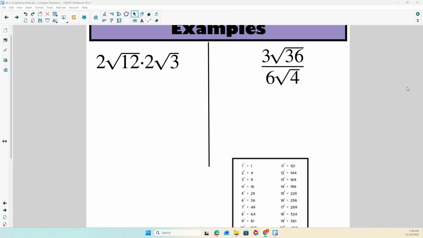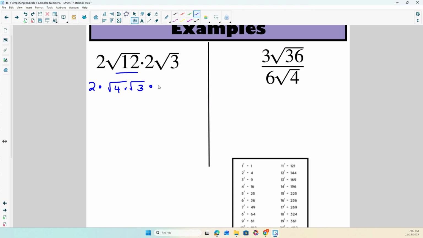All right, so in this example right here, we have 2 times the square root of 12 times 2 times the square root of 3. So anytime you see a number outside a radical sign that's not like the little index number, that's multiplication. So all of this is straight multiplication, and 12, I can rewrite 12 as 2 times the square root of 4 times the square root of 3, because I can break down 12 to 4 times 3. 4 is a perfect square.